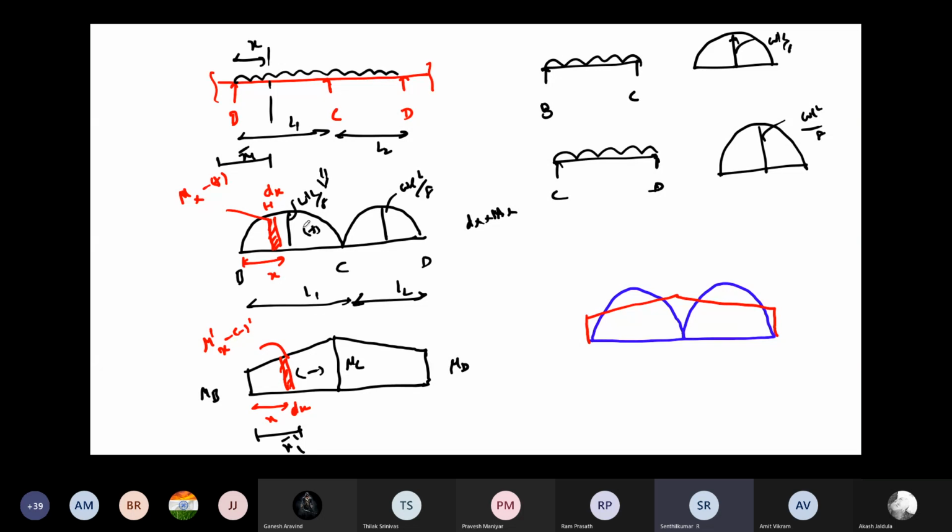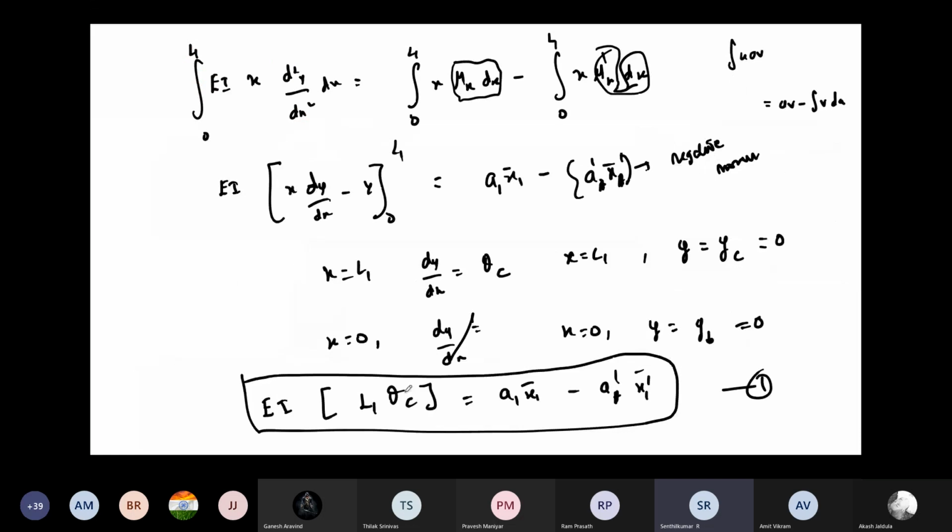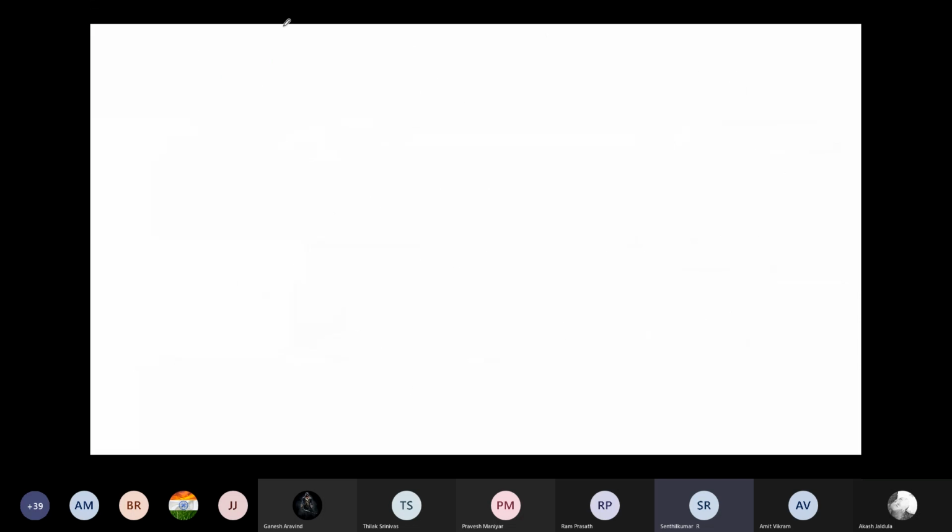You can't touch that in developing the generalized theorem because loading will continuously change. But what about the support moment? This diagram will always be like that only. Only trapezoids are going to come, where either MB and MC are equal or MB and MC have different values, right? If they have different values, you can easily derive A1 bar and X1 bar.